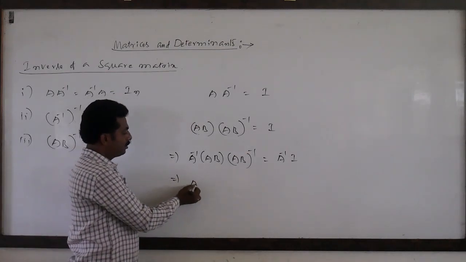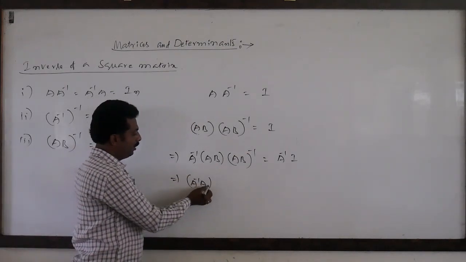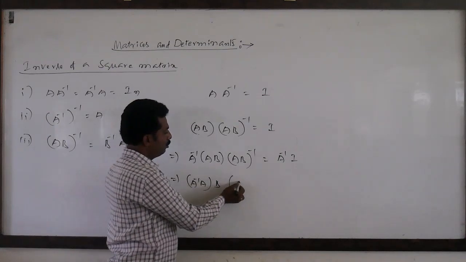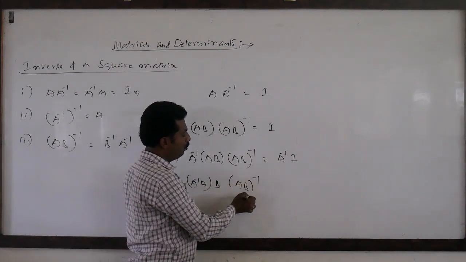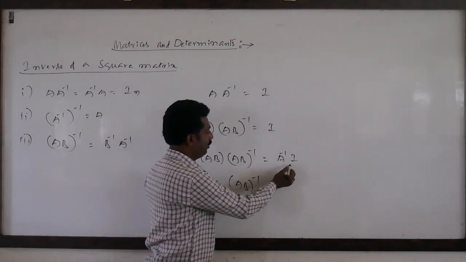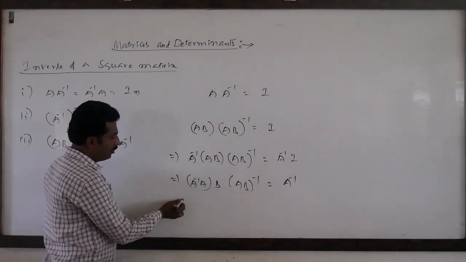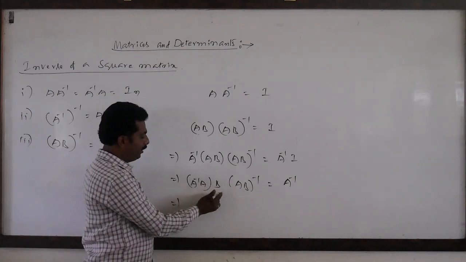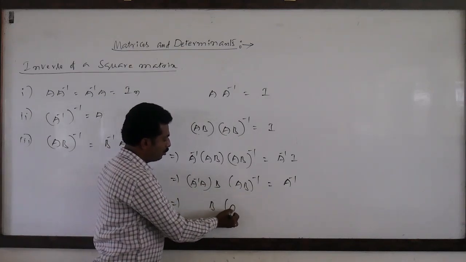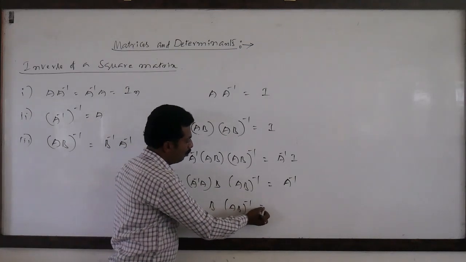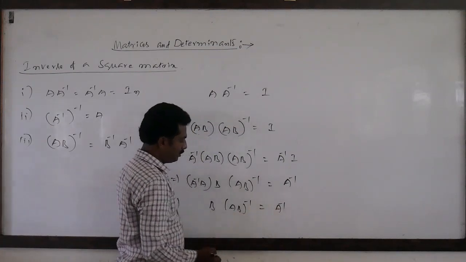So from this, A inverse into A into B into AB whole inverse equals A inverse. A inverse into A is nothing but identity, and identity into B means B. So B into AB whole inverse equals A inverse.